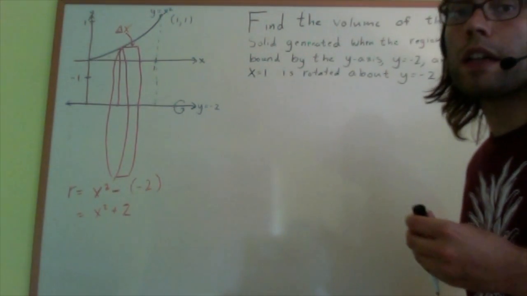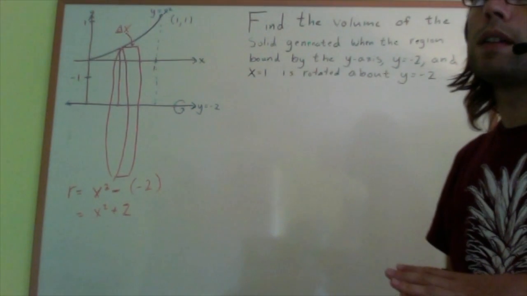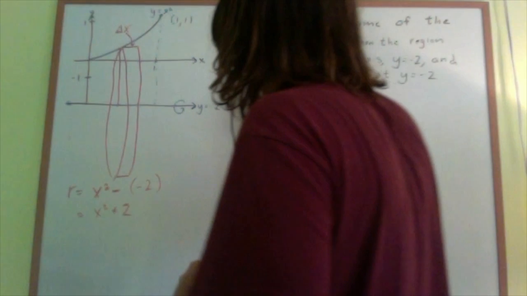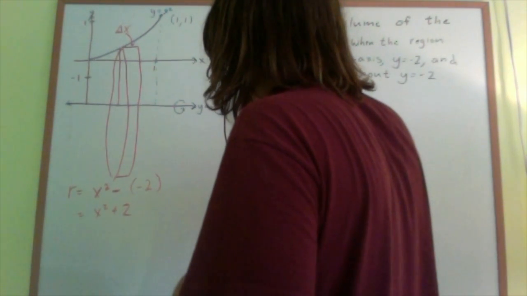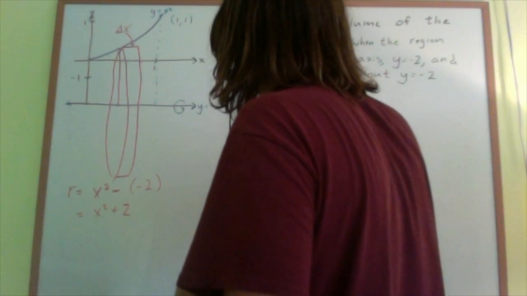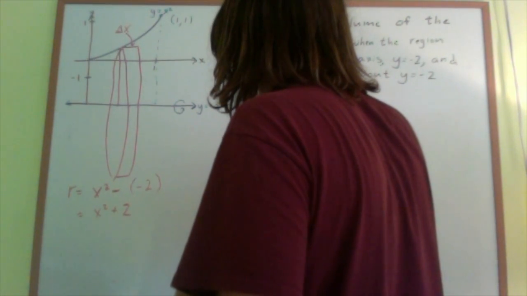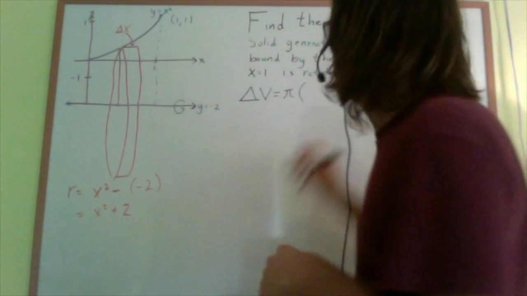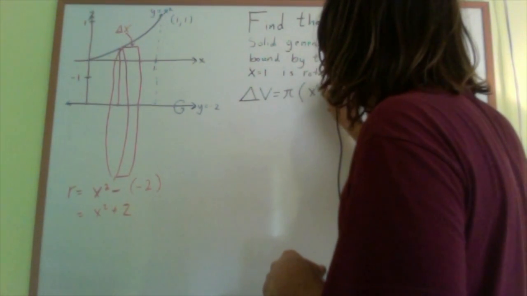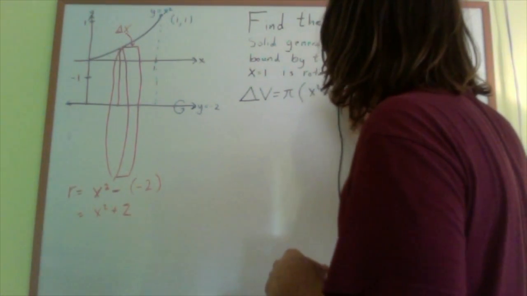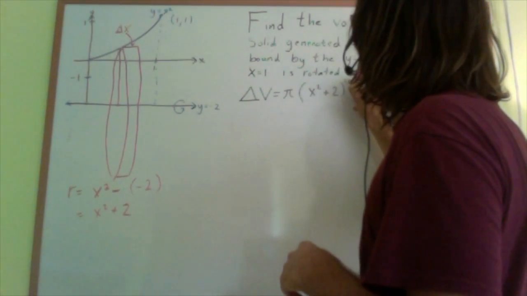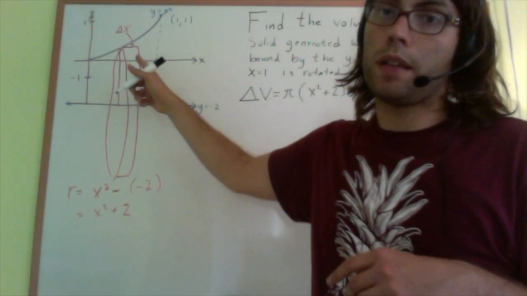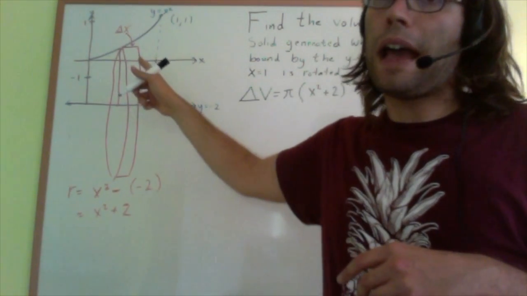Now we're ready to find our delta v. Delta v is equal to pi times r, which we just said was x squared plus 2, and then this sum here is squared, and of course times our little bit of thickness, delta x.